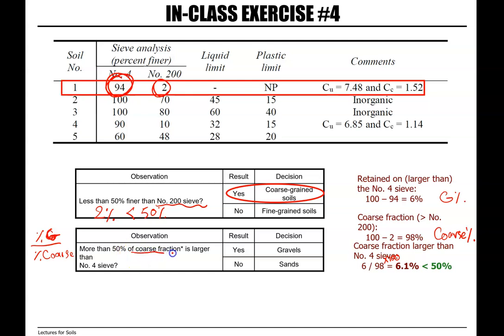So the coarse fraction larger than number 4 is 6.1%. And the answer, more than 50% of coarse fraction is larger than number 4, is no. It's 6%, so it's less than 50%. So it's mainly sand.